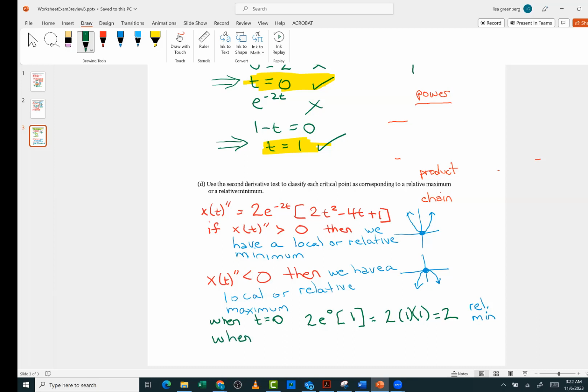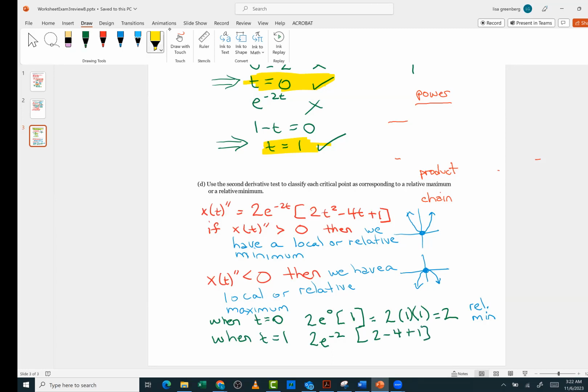When t equals 1, I have 2e to the negative 2 times 1 times 2 minus 4 plus 1.